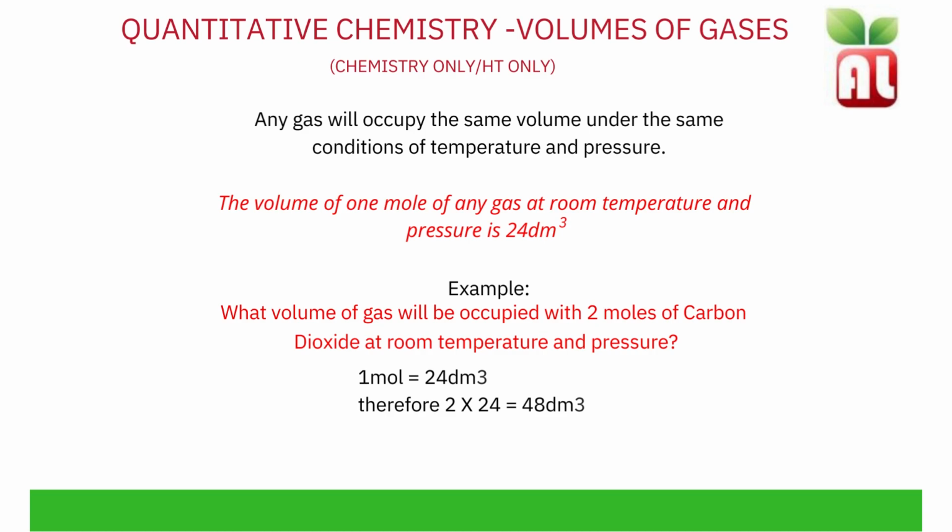An example calculation: what volume of gas will be occupied with 2 moles of carbon dioxide at room temperature and pressure? If 1 mole of any gas occupies 24 decimeters cubed, 2 moles of gas must be equal to 2 times 24, which will equal 48 decimeters cubed.